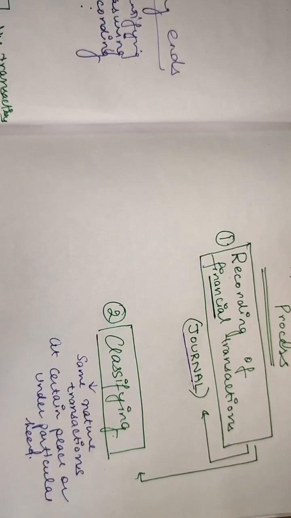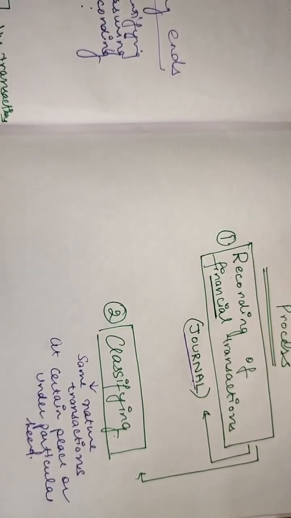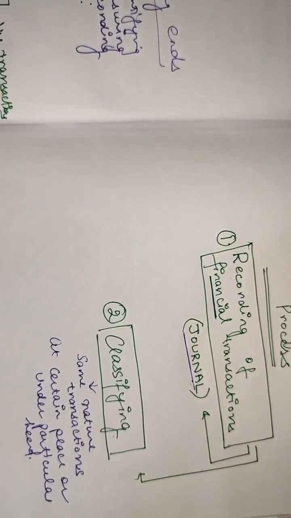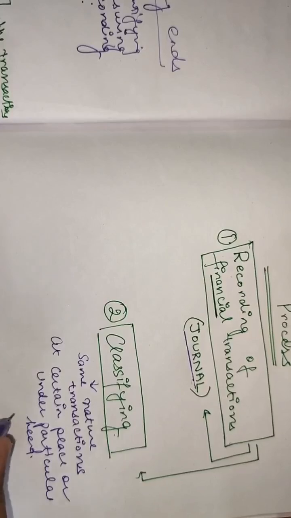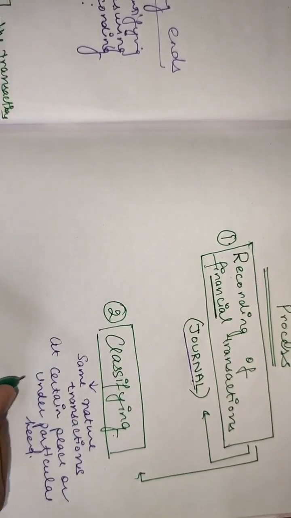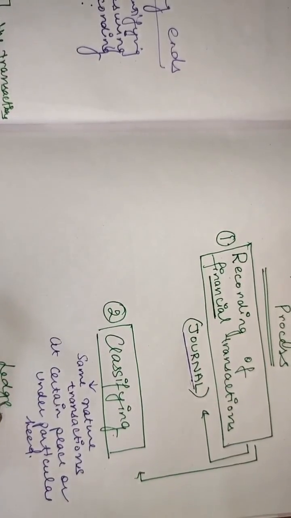Classifying is basically to club those transactions which are of same nature and to record the same under one particular head. So how this will be done? This will be done with the help of ledger.